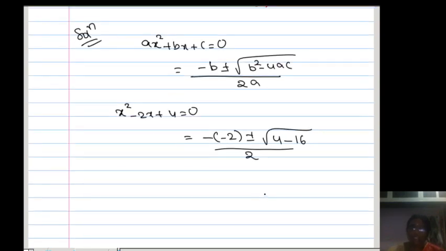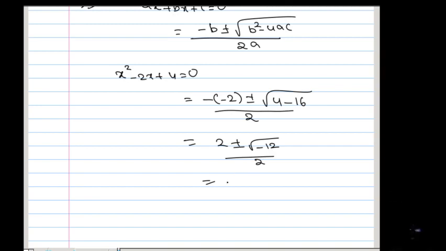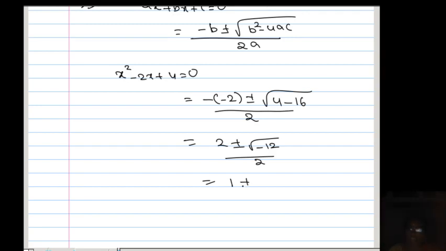Okay, so now what are the roots? 2 plus or minus under root minus 12, by 2. 2 cancel. So you are getting 1 plus or minus.